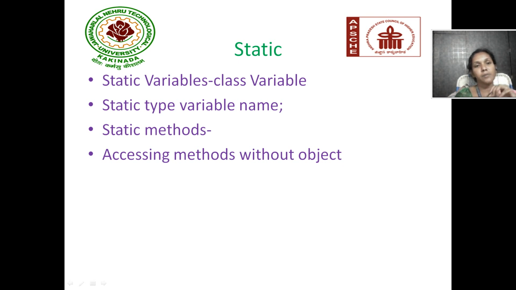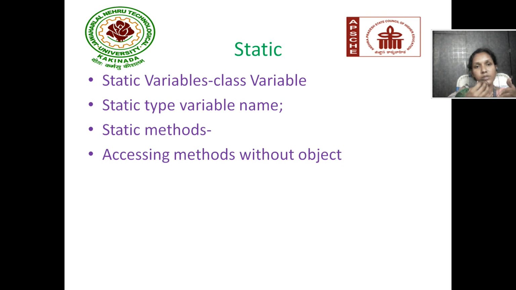A static variable is a class variable. Whenever we declare a static variable, it will be initialized only once, and that memory will be common to all the objects. Generally, each normal instance variable is created by an object itself.